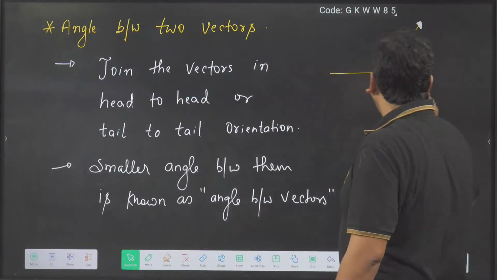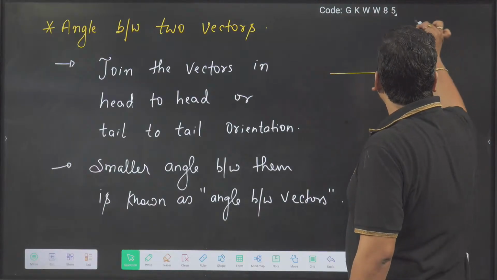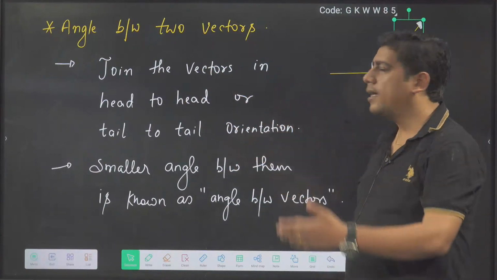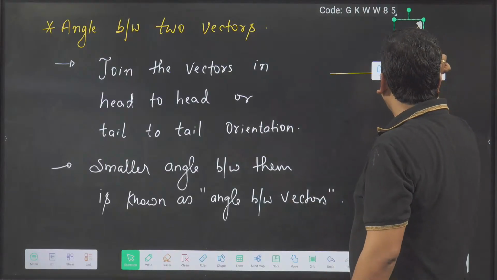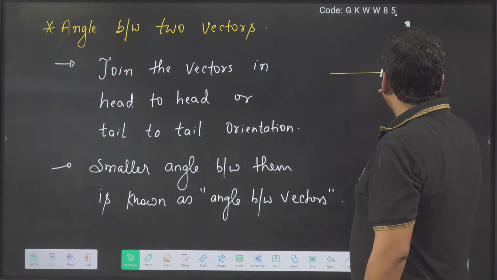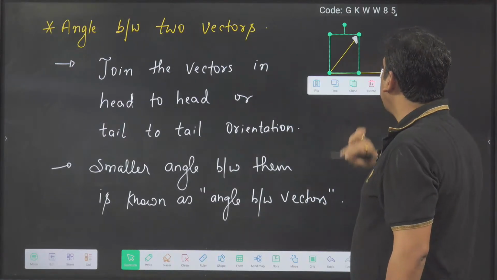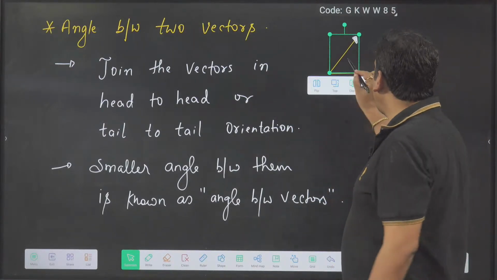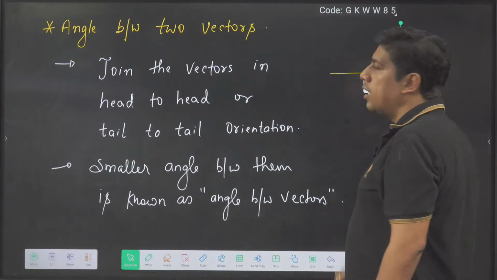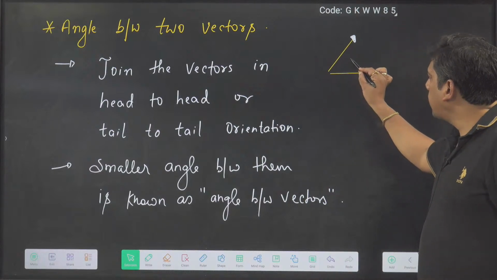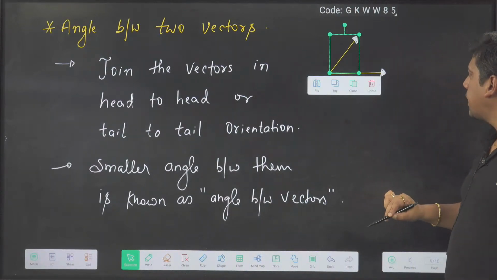So what we have to do? You can displace any one of them, as I told last slide. You can slide any vector. So if you are displacing it parallel to itself, you make it like this, tail to tail joint. Don't place it here. Okay? You have to place either tail to tail like this.